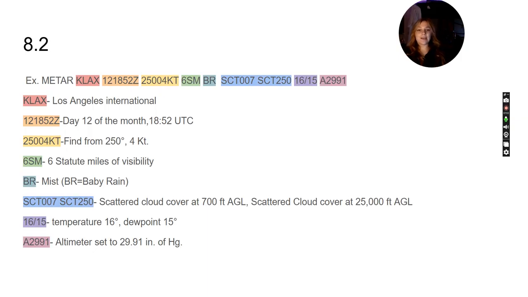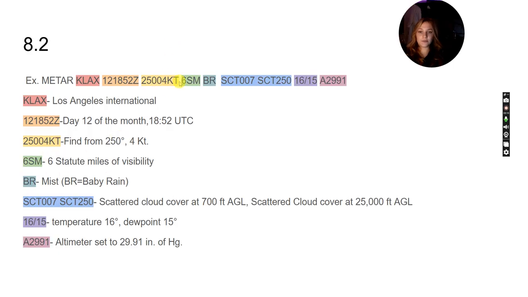All right, so a full example here. You're going to get the METAR, KLAX, the 12th day of the month at 1852 Universal Time. Here, the wind is from 250 degrees true north at 4 knots.